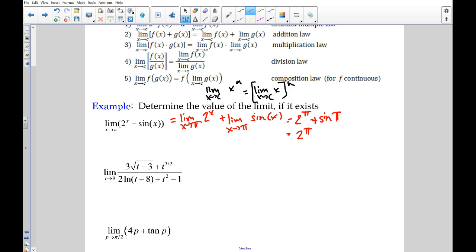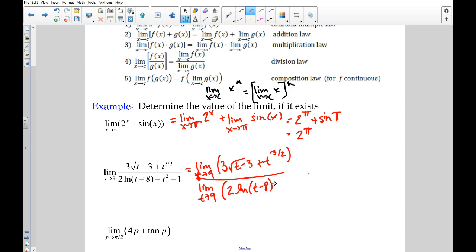So what I'm going to do first then is use the division law. I would write this as the limit as t approaches 9 of the quantity 3 square root t minus 3 plus t to the 3 halves, all over the limit as t approaches 9 of the quantity 2 natural log of t minus 8 plus t squared minus 1.